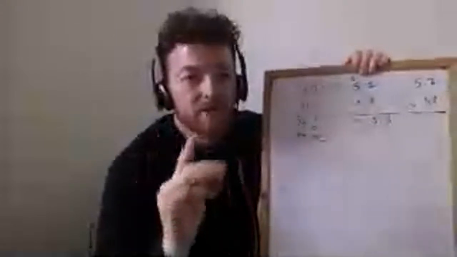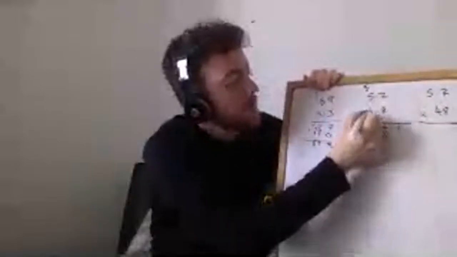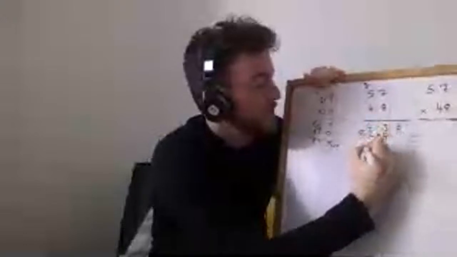Next up, we're multiplying by 4. This is a units number, not a tens number, just a units number. So the rule is for a units number, you just multiply as is. 4 times 7 is 28, so 8 goes down, 2 comes across. Decimal goes in. 4 times 5 is 20, plus 2 makes 22.